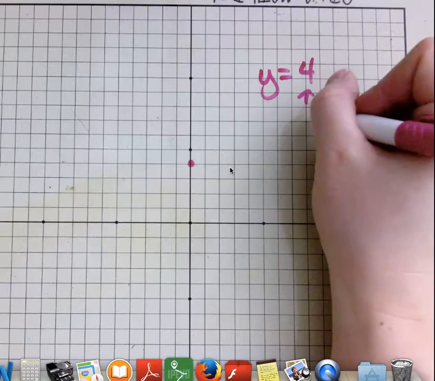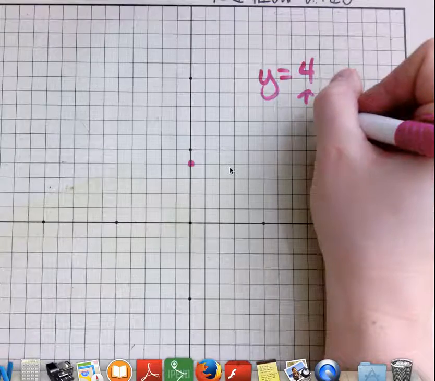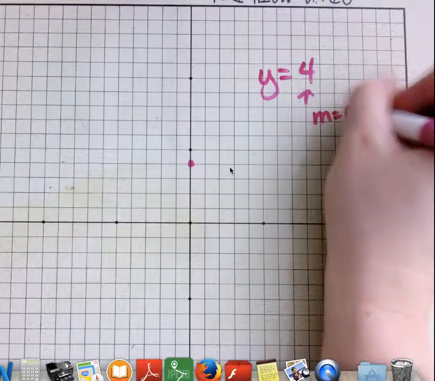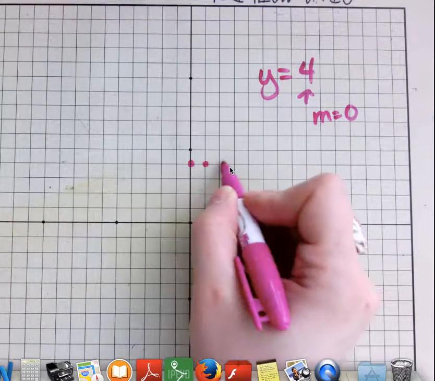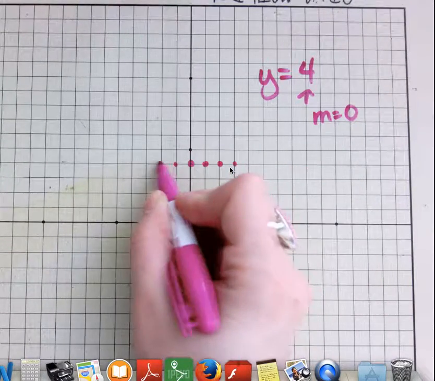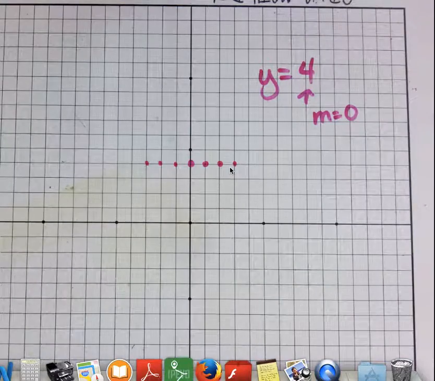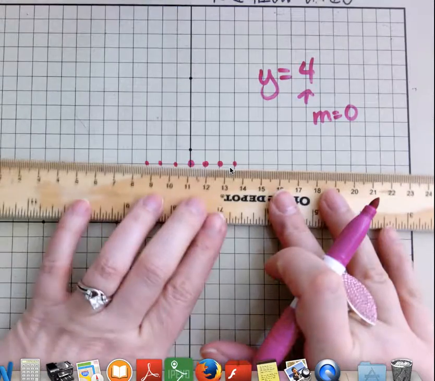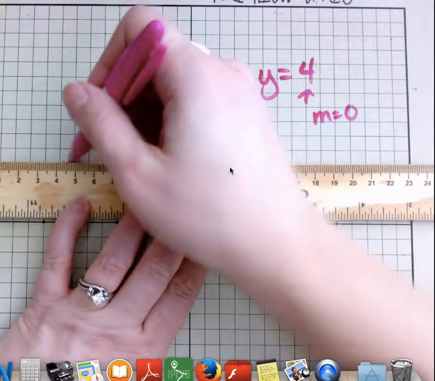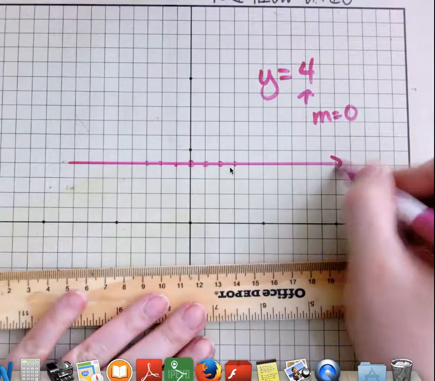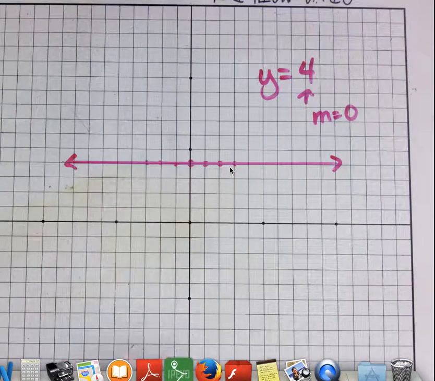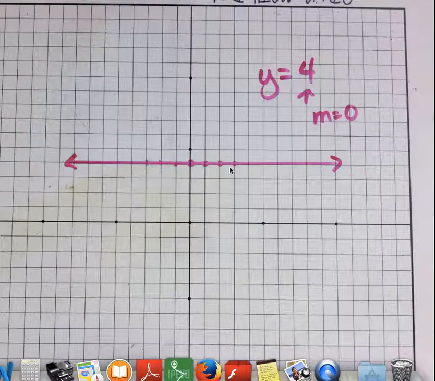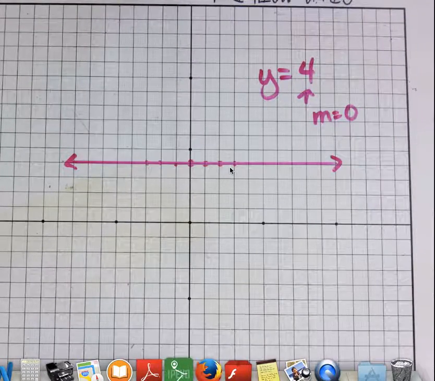My slope for this equation is actually 0. So I don't go up and I don't go over, I just stay flat. So this is a slope of 0, and it's just a horizontal line. Every value on this line, y equals 4. All right, it's kind of a tricky one.